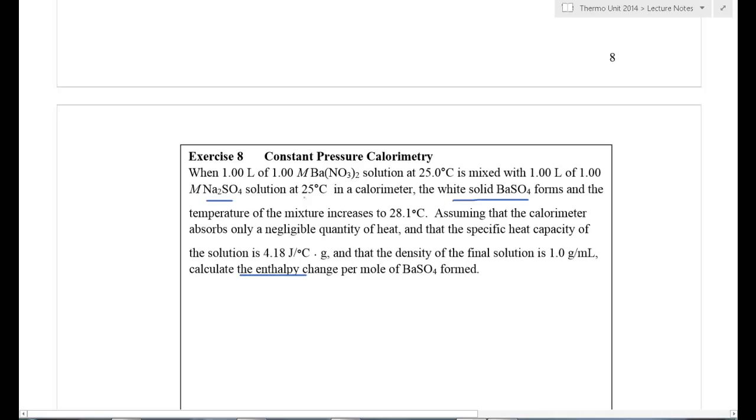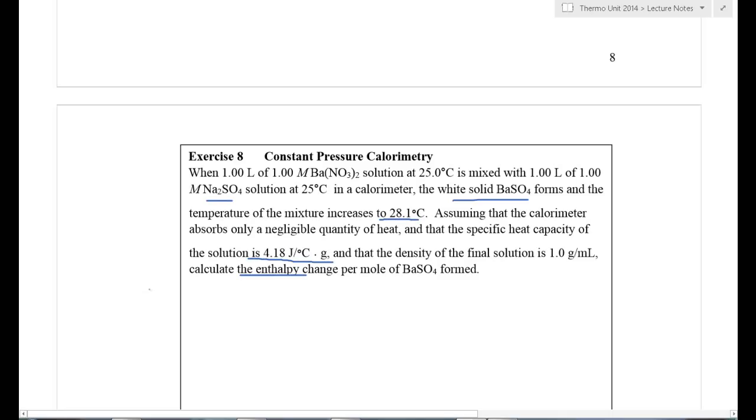Temperature of the mixture goes from 25 to 28.1. Assuming the calorimeter absorbs only a negligible quantity of heat, in other words, it's a good insulator, I'm not losing heat through the calorimeter, and the specific heat capacity of the solution is 4.18 joules per gram degrees C, and that the density of the final solution is 1 gram per milliliter. And I want to calculate the enthalpy change per mole of barium sulfate formed.